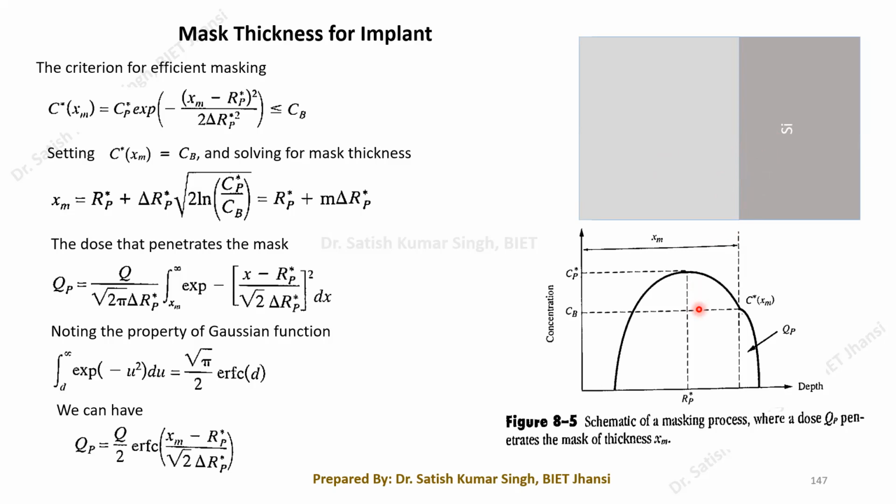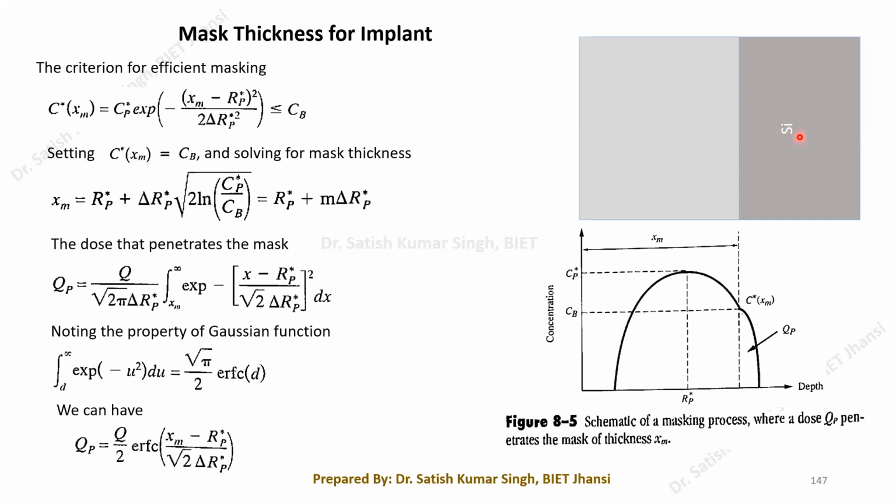Let us suppose that we have silicon which is already a p-type substrate, for example, and we want to implant an n-type dopant. Under the mask, if you don't want doping, then let us suppose the already doped substrate concentration is cb.